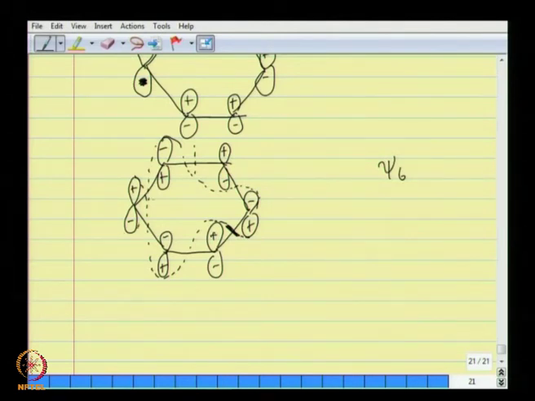So, you see that there are plus minus, there is a nodal plane, that is a nodal plane. There are only 3 planes, because in a symmetric system these two is one nodal plane, these two is another nodal plane, and these two is another nodal plane.